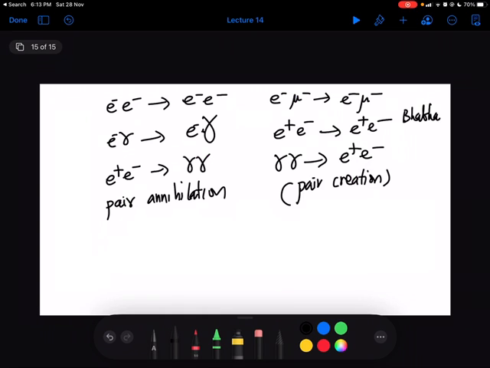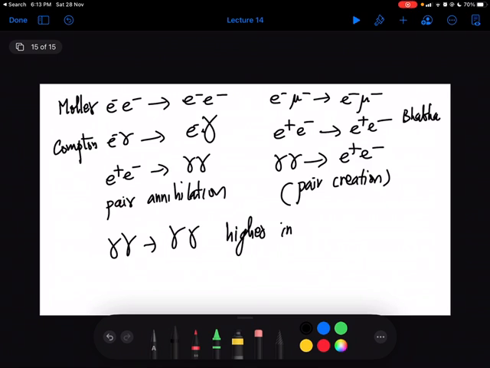This is Moller scattering. These are the typical sample processes in QED which are important. There are more complicated processes like Delbruck scattering, gamma gamma going to gamma gamma, which are higher order in perturbation theory.